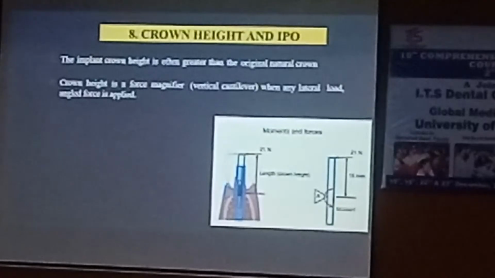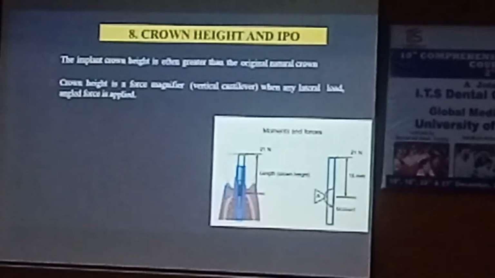The optimum is 5 mm for the abutment, and if you give a PFM, 1.5, that means 6 to 7 is the minimum requirement of space between your implant and your opposing tooth. Correct? And if you're giving zirconia, add another 0.5 to 1 mm. Right? But don't go beyond that.